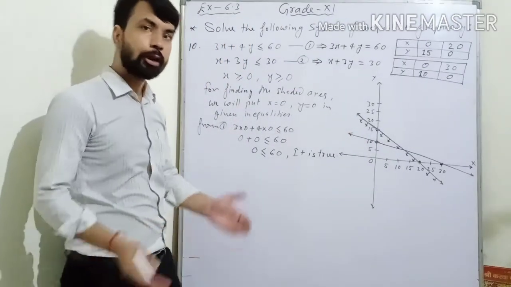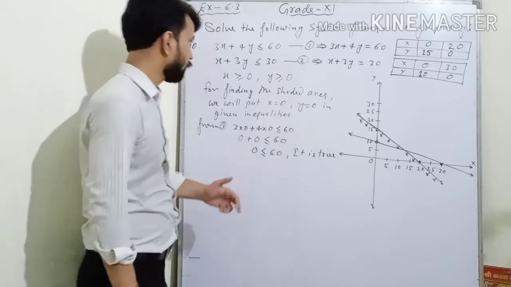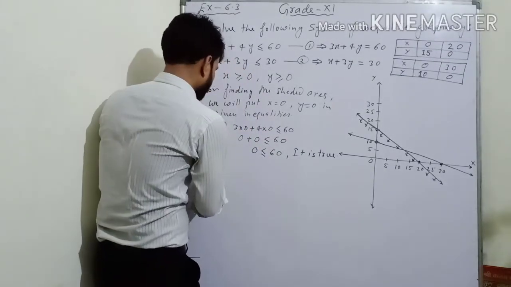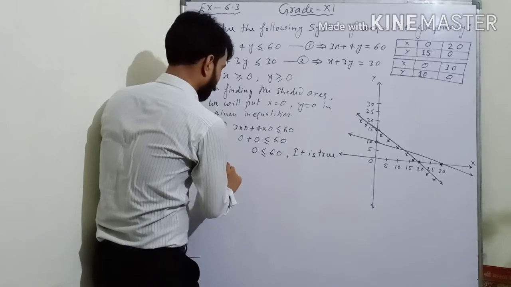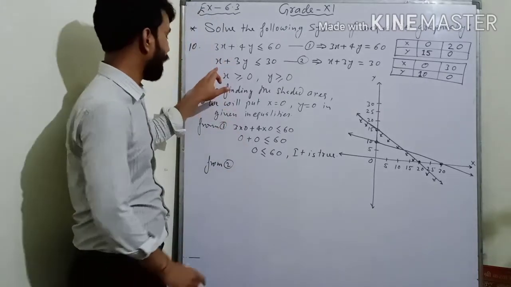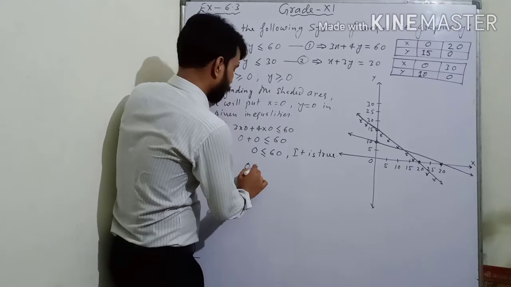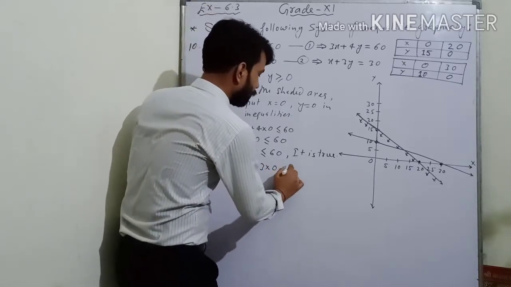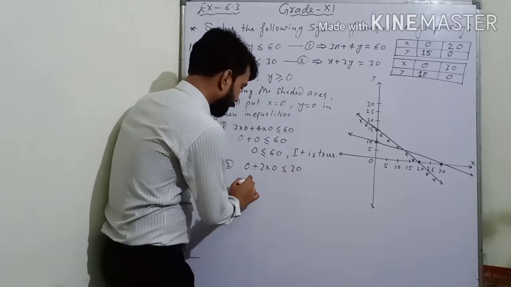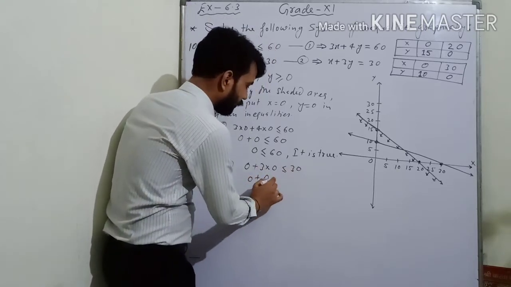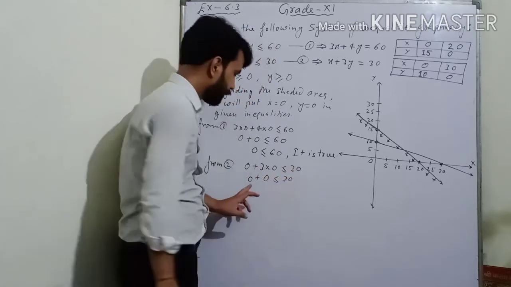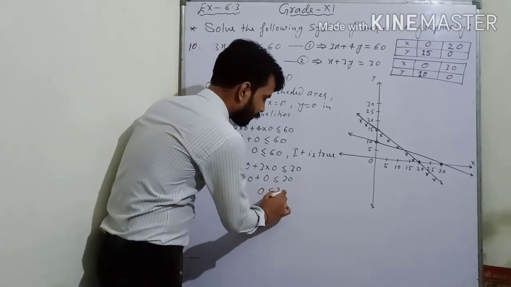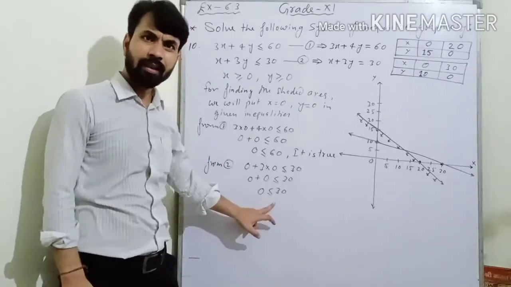We have to find the shaded region. So we have to put 0, 0 in the second inequality. From the second, x is 0 plus 3 into y is 0 is smaller than or equal to 30. So 0 plus 3 into 0 is 0, which is smaller than 30. 0 plus 0 is what? 0 is smaller than or equal to 30.